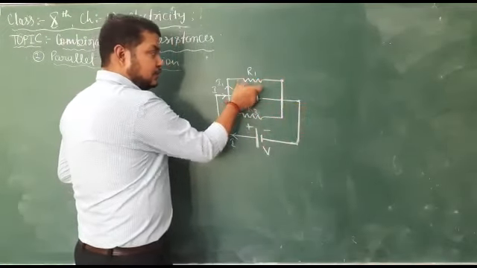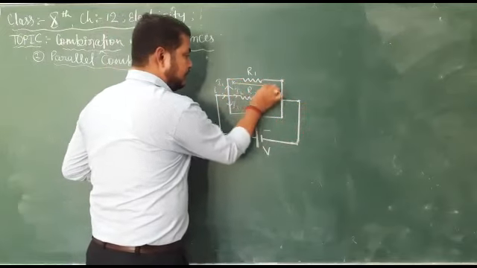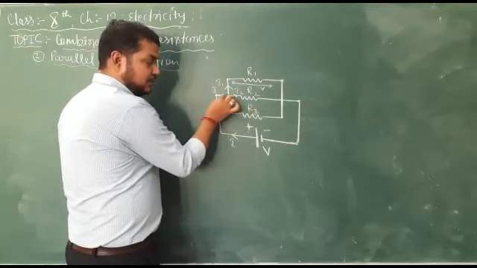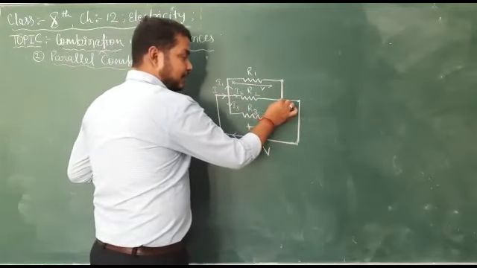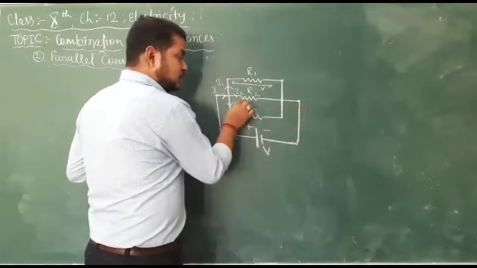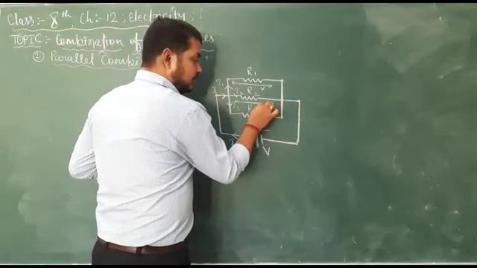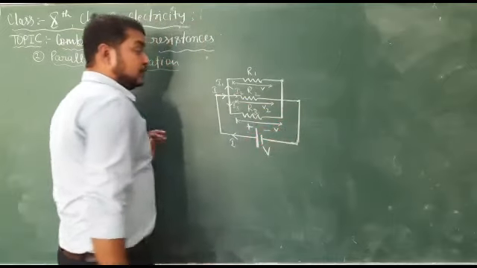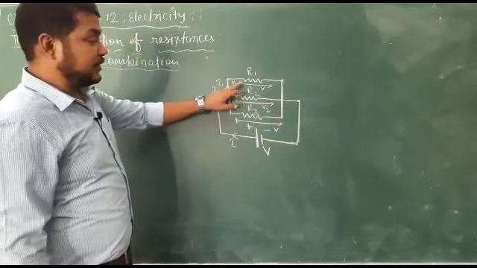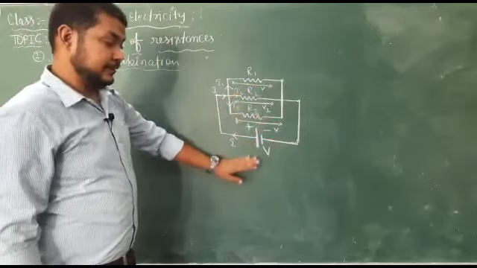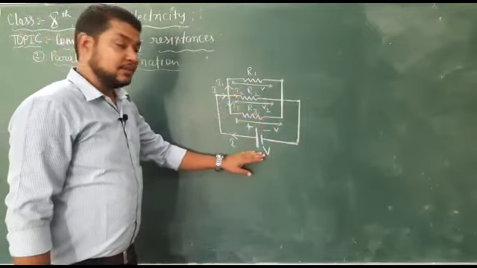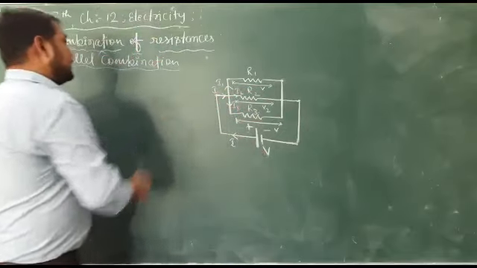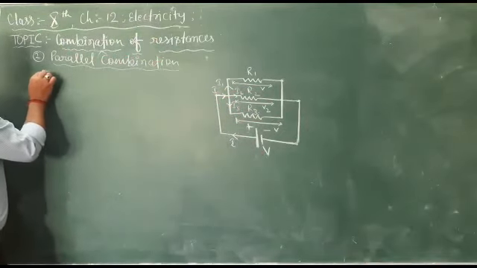So the potential drop across R1 is also V. The same is the case with R2: one end is connected with the positive terminal and the other end with the negative terminal, so the potential difference across R2 is again V, and individually the same for R3. So all the resistors have potential difference V, equal to the potential difference of the cell or applied supply.